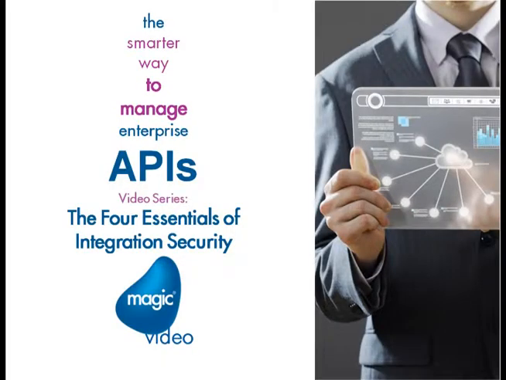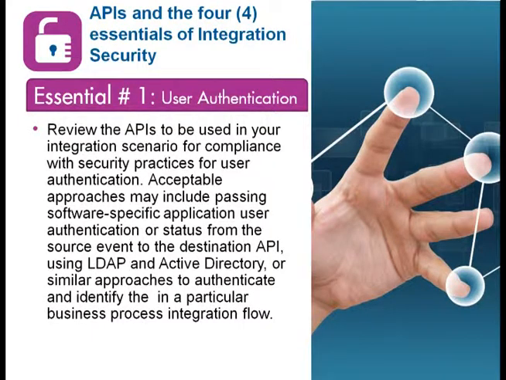Today we take a look at the 4 essentials of API integration security. Essential number 1 is user authentication. Essential number 1 reminds us that we need to review the APIs to be used in your integration scenario for compliance with security practices for user authentication.